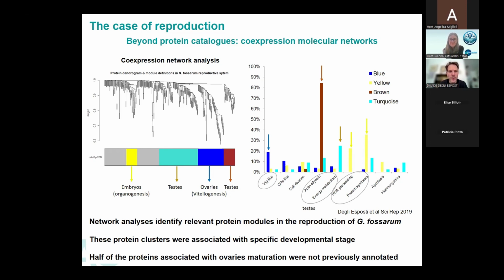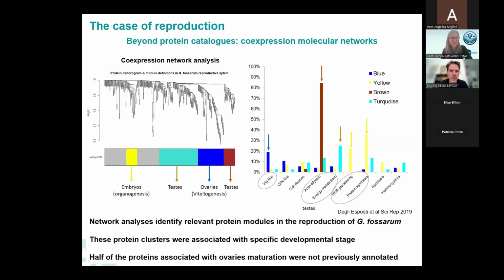the driving proteins associated to the embryos were involved in RNA processing and protein synthesis, which was expected, and also something that somehow validated the approach was the fact that we observed in the ovaries proteins that were annotated as vitellogenin, so that was what you expected.